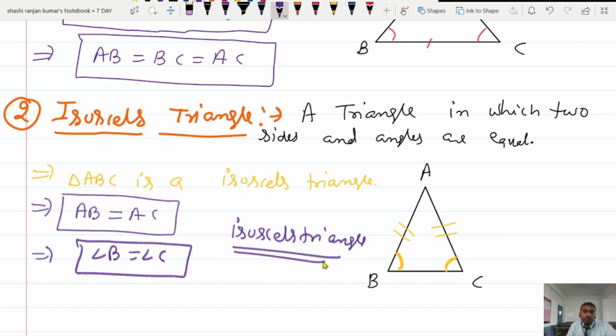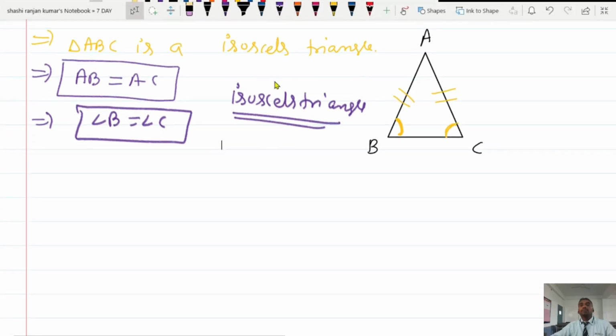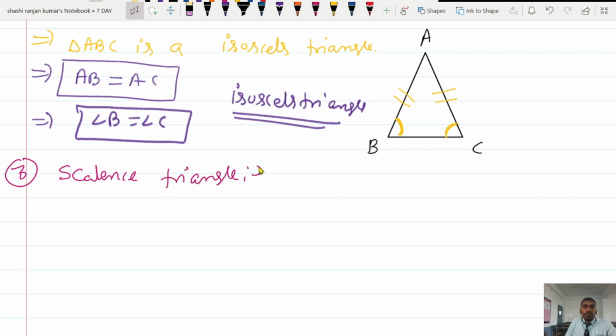Fine. Then moving to the next, the scalene triangle. So the first type we discussed is equilateral, second is isosceles, third is scalene. Now see the third one, the scalene triangle. What is a scalene triangle actually?